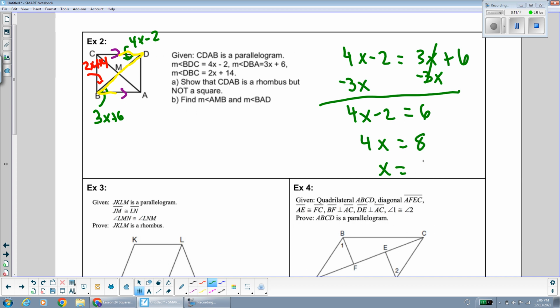Divide by 4. And now I'm going to take that x value and plug it in to find the angle measurements. So 3 times 2 is 6, plus 6 is 12 degrees. Over here, 2 times 2 is 4, plus 14 is 18.